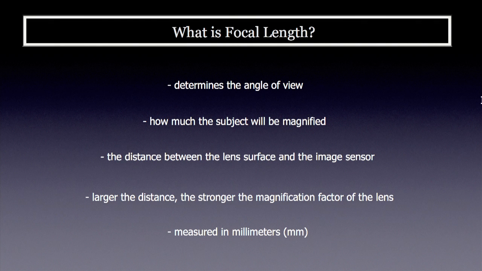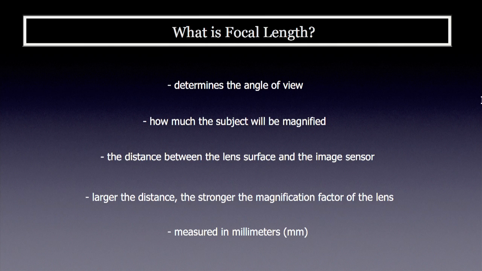Now, the next thing we want to talk about is focal length. Lenses have focal lengths, and that's basically what determines the angle of the view, and it has a really significant impact on how easy it will be to achieve a sharp handheld photograph. It will also determine how much the subject will be magnified. The focal length is the distance between the lens surface and your image sensor.